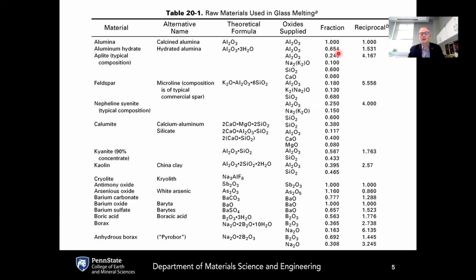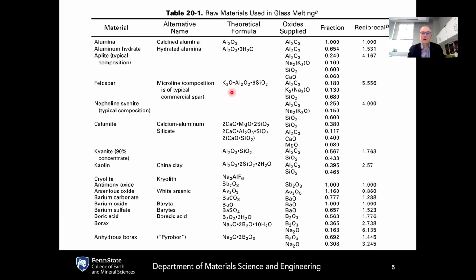And so when one is calculating the amount of each batch material that you need, you need to account for anything that is lost during that process, so any gases that get released. So that would be taking the weight percent of everything that is lost versus the total weight of the material that gets batched.